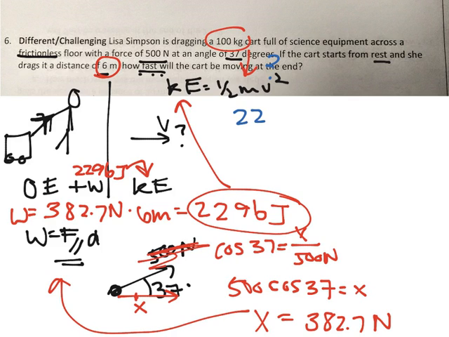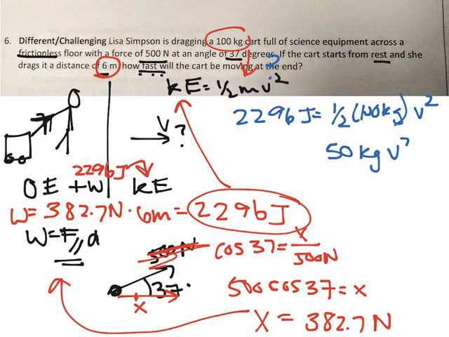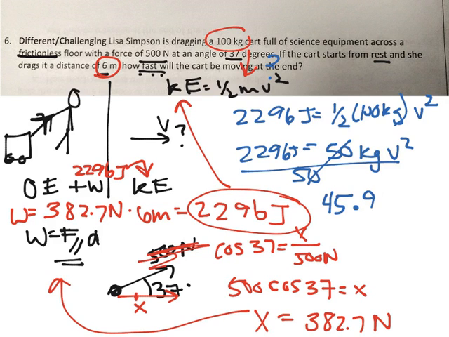So 2,296 joules is equal to 1/2 m, that's our 100 kilograms, times our v squared. This gives us 50 kilograms times v squared. Do some algebra. Divide by 50 on both sides, and that will be 45.9 equals v squared.